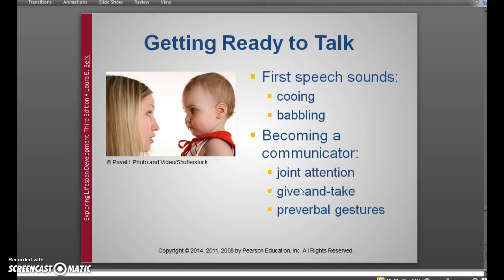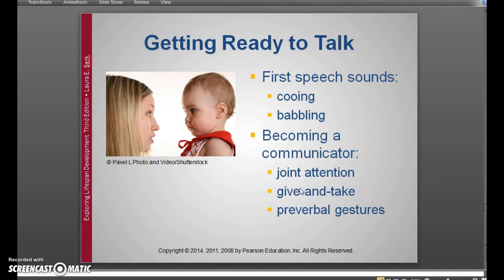So, getting ready to talk. When a baby first starts to talk, we have cooing and babbling. I still remember my son, my one that just left for college today, when he was 6 weeks old, I walked into his room, and he was in the crib, and he looked at me and he smiled and he said, "Gah," with a G. It was his first babbling sound.